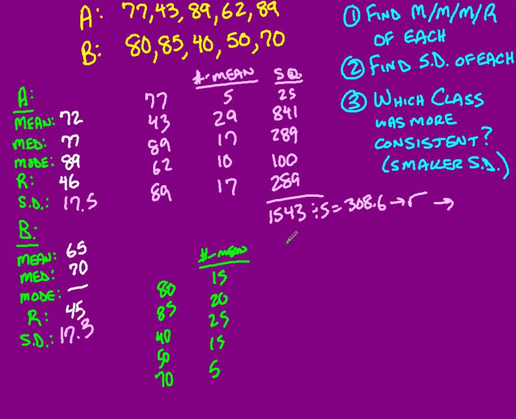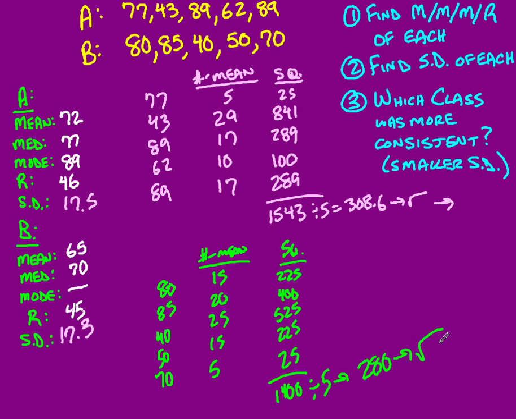I'm going to square each of them again. So this should be 225, 400, 525, 225, and 25. Add them all up, and I should get 1,400, I believe. Then you divide by 5 to get 280, and take the square root of it.